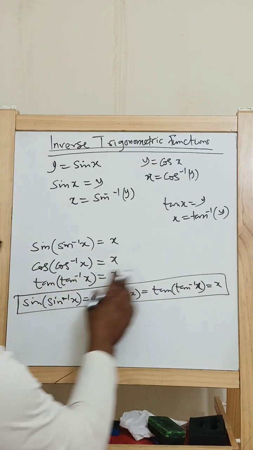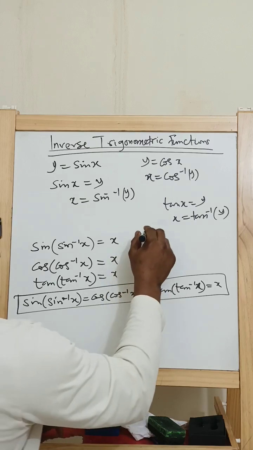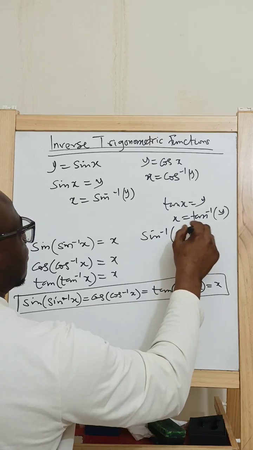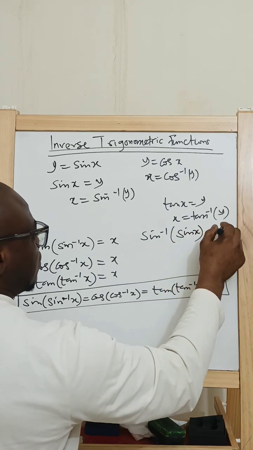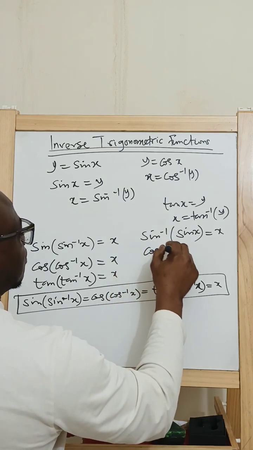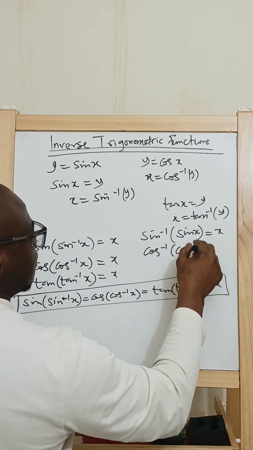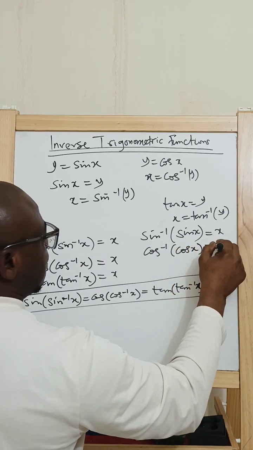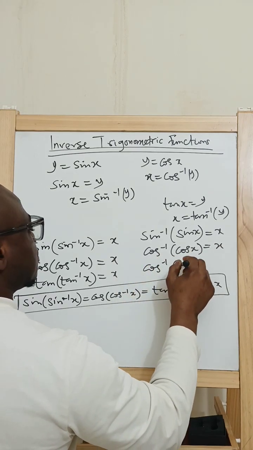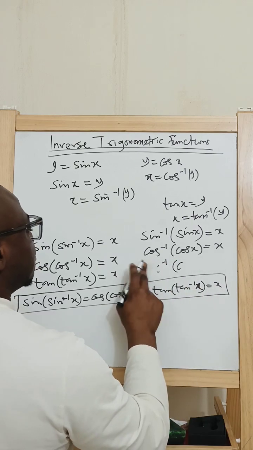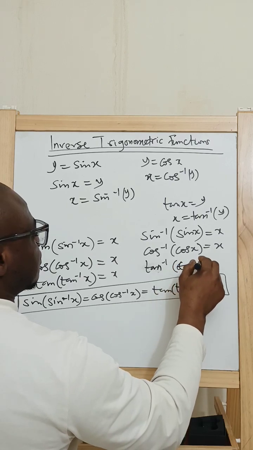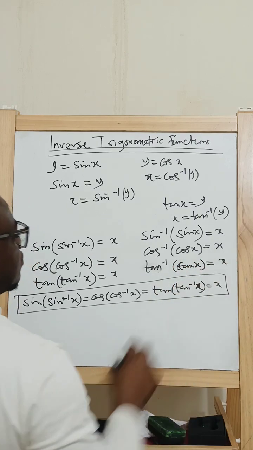Also, if we say sine inverse of sine x, it will also be equal to x. Also, cos inverse of cos x is going to be x, and tan inverse of tan x is going to be equal to x.